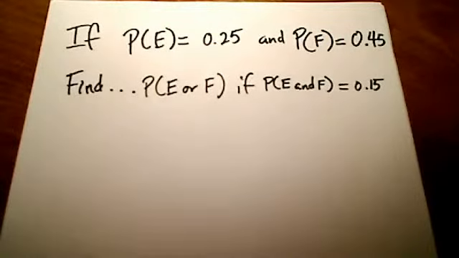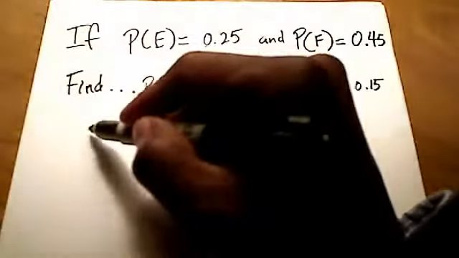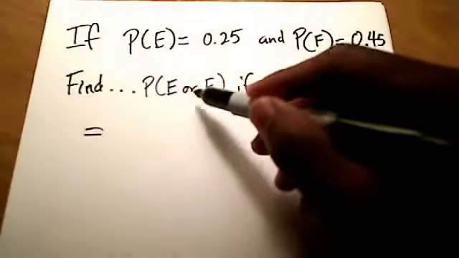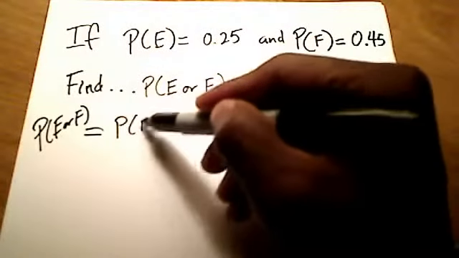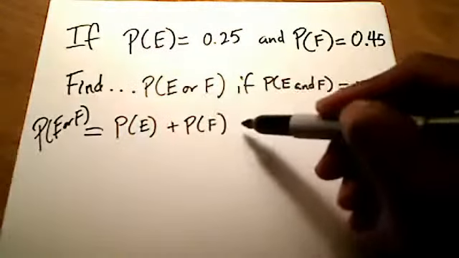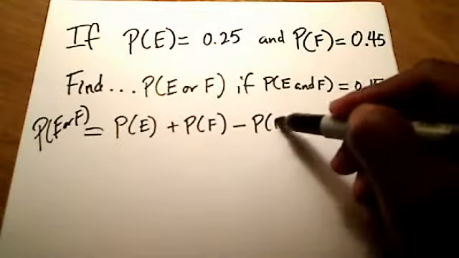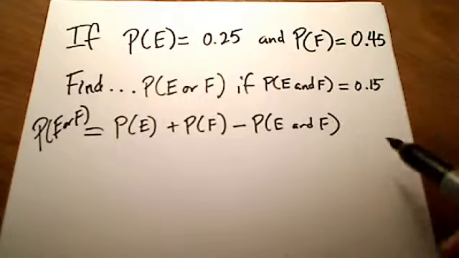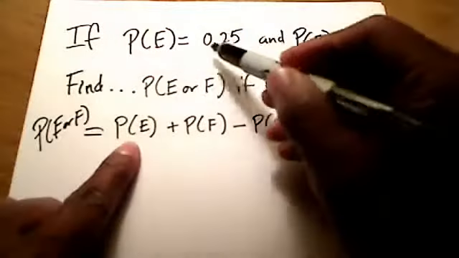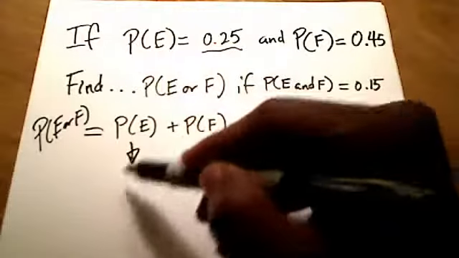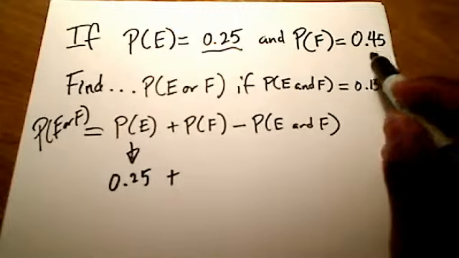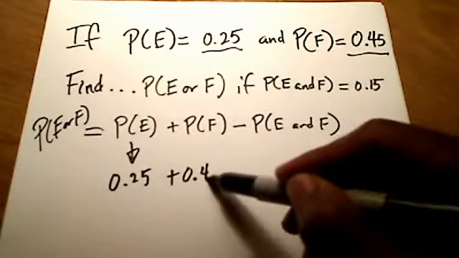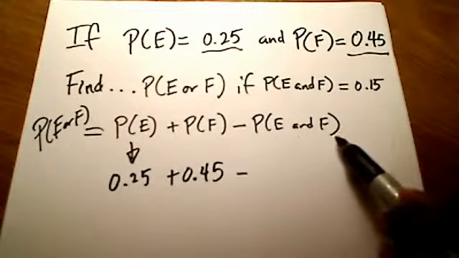Using that general addition rule we just saw, the probability of E or F is equal to the probability of E added to the probability of F minus the probability of E and F. We know the probability of E. They gave us that at the very beginning of the problem, so this is 0.25. We know the probability of F, which is 0.45. And we're going to take away this AND where they overlap.